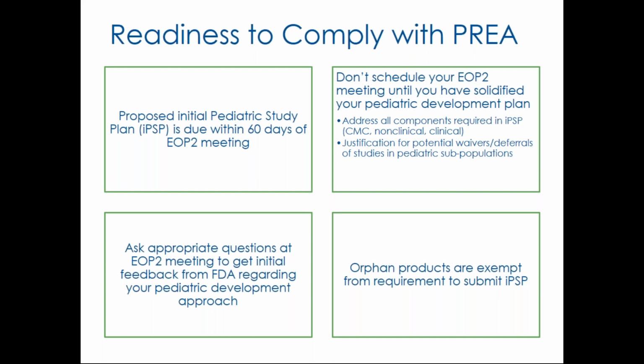And you need to take advantage of the end of phase 2 meeting to get feedback from FDA on your pediatric development approach and get some preliminary alignment from FDA so that you're not surprised by any feedback they give you when you do submit your PSP for review by the agency.